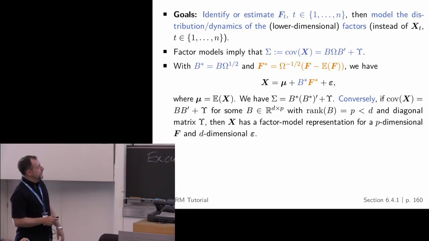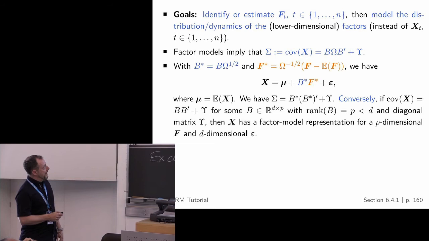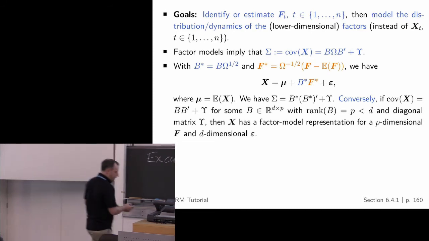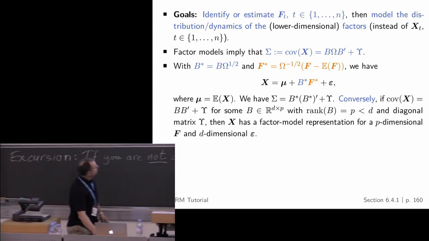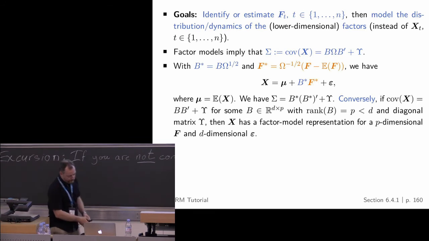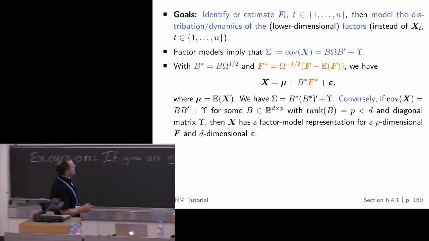As I've said, you can orthogonalize the factors. You can define an F star in this way, and you can define a B star in this way, and you can rewrite the model in terms of B star and F star. So I've gone here from B and F to B star and F star.